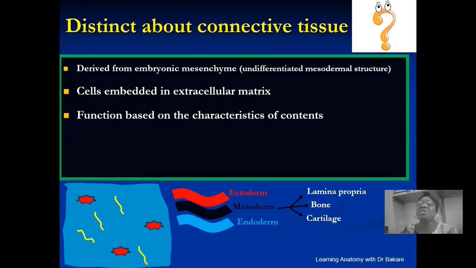You build a particular connective tissue to suit a particular function. Its functions will be based on the characteristics of what it contains. And this is what the connective tissue represents. They are also widely distributed around the body. The connective tissues are the most abundant and are widely distributed around the body.